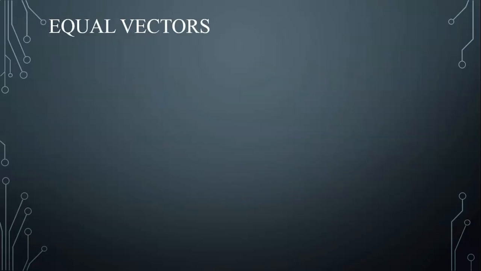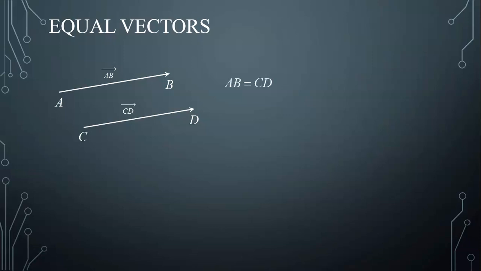Now, when are two vectors equal? Given two vectors, the first one is denoted by vector AB as the origin is A and the extremity is B. The second one is denoted by vector CD as the origin is C and the extremity is D. So to compare them, I would first note that the distance AB is equal to distance CD.